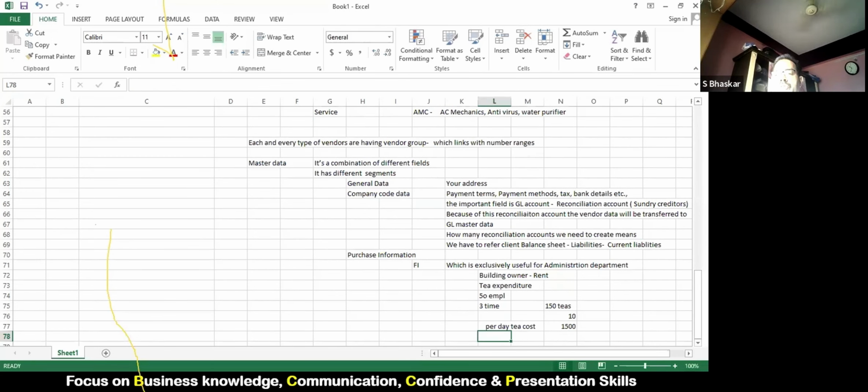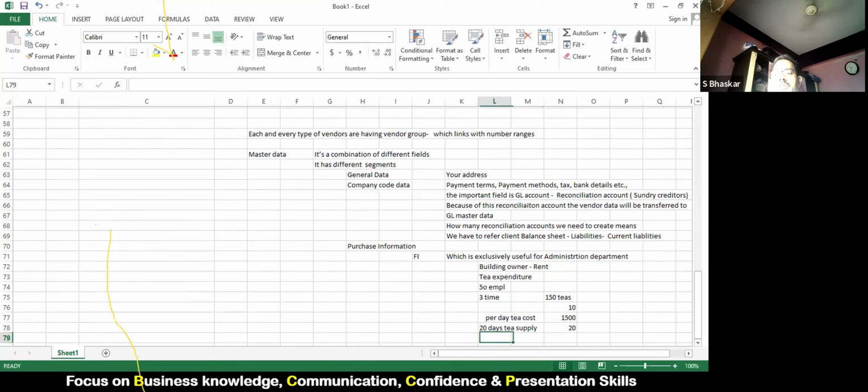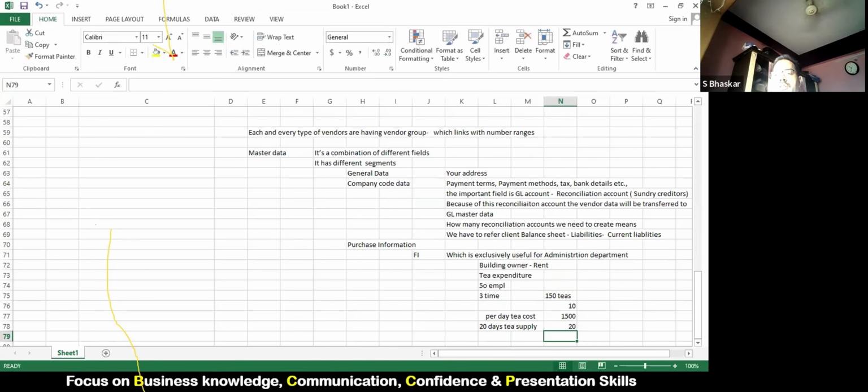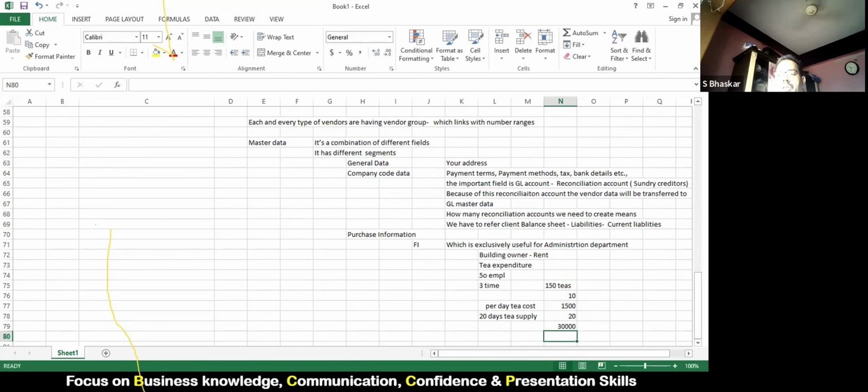If the company is providing tea supply for 20 days, 1500 into 20 is 30,000 rupees, which they are paying exclusively for tea expenditure.